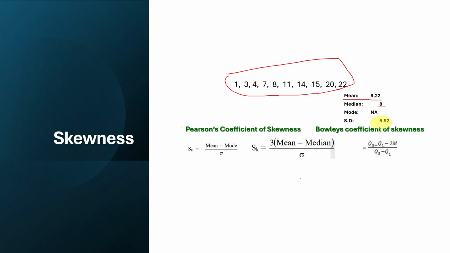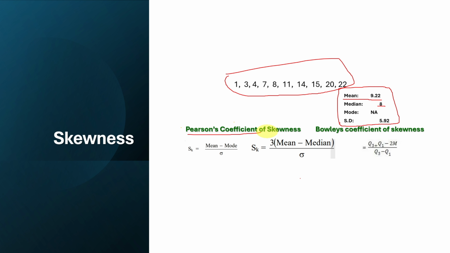Standard deviation is 5.92. So we have calculated all this. In your exam, you might have a data set and you may be given this or not, but you can calculate it. It's very easy to calculate the mean: sum them up and divide by the count. Like we have discussed in previous lectures, what is mean, median, mode, and how to calculate standard deviation.